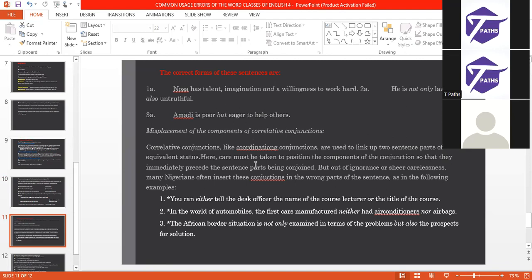All right, look at these expressions down. You can either tell the desk officer the name of the course lecturer or the title of the course. Okay, in the world of automobiles, the first cars manufactured neither had air conditioners nor airbags.